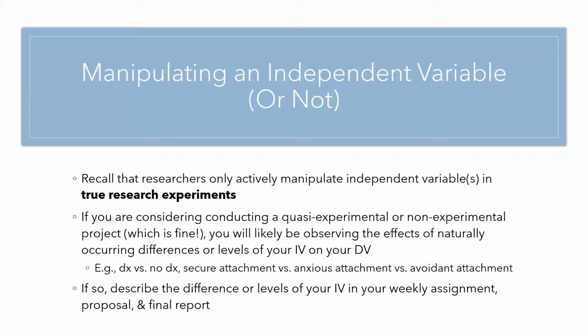So 3 levels, secure attachment versus anxious attachment versus avoidant attachment, and looking at the effects of those 3 levels of the independent variable on any outcome variable. If so, in today's assignment that I'll introduce at the end of the tutorial, and in your research proposal and your final report, describe the differences or levels of your independent variable instead of how you are going to actively manipulate it.